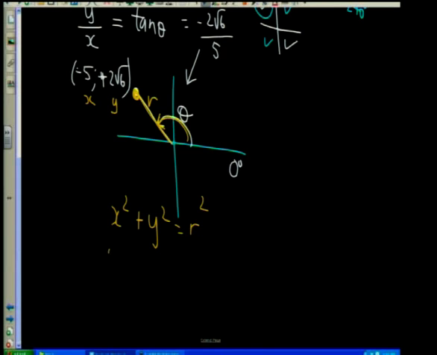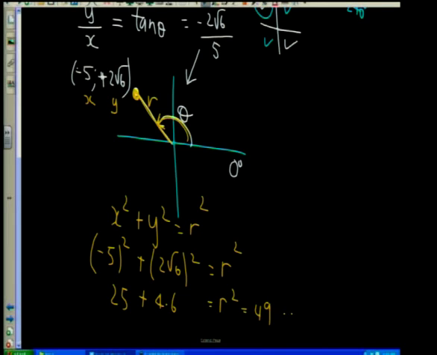So x would be 5, and y is 2 root 6, squared, is equal to r squared. So we would get 25 plus 4 times 6, which would be equal to r squared. So it's 24 and 25, which is 49. So therefore r would be 7 in this context. So we get a 7. And then it's 2 root 6.